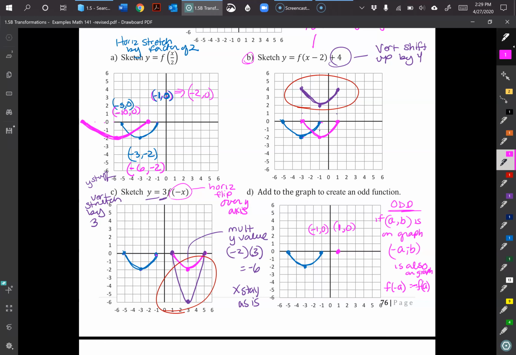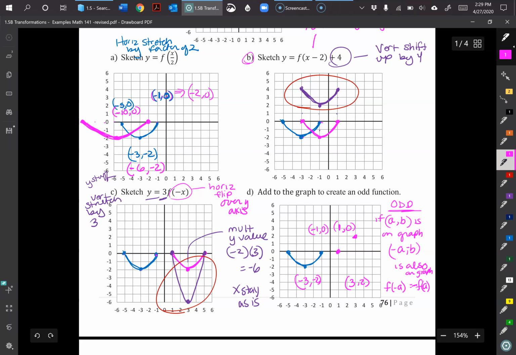And then if I have (-3, -2), then I also need to have (3, 2) on the graph. And we want to leave this blue piece here. It's not changing.